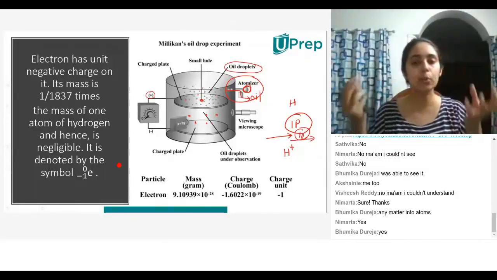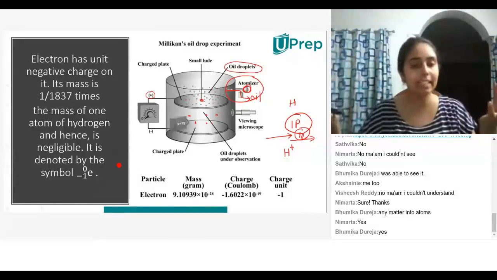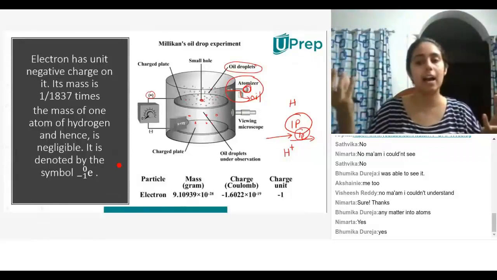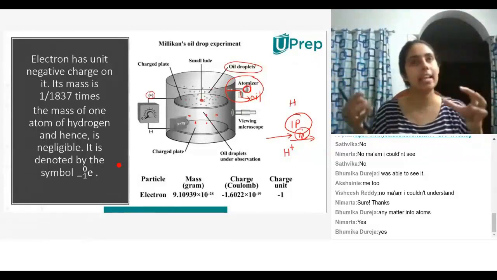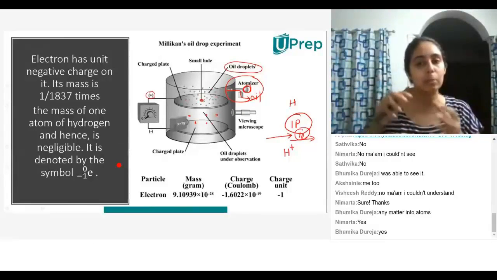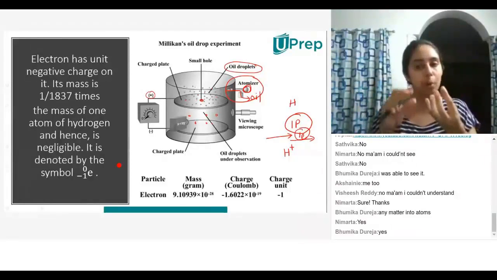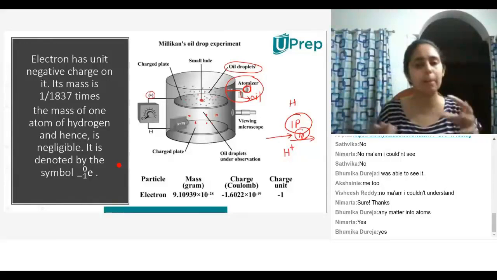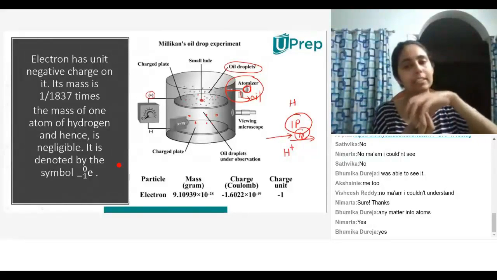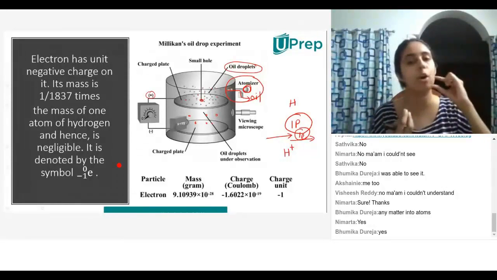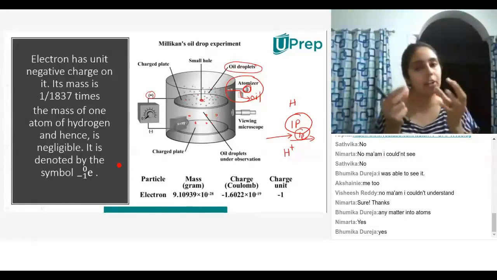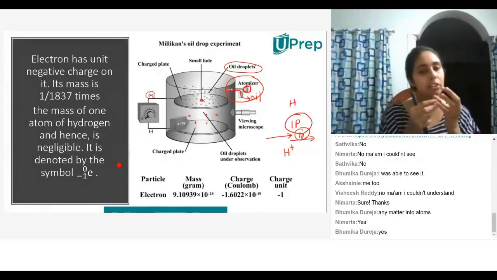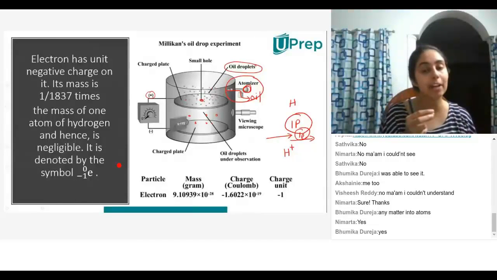Now these positively charged ions as well as the negative electrons interact with the droplet. So basically they go inside the droplet, they occupy one or two or three or four electrons, whatever number, and they go inside one small tiny drop of oil. And the charge is then calculated from that droplet.